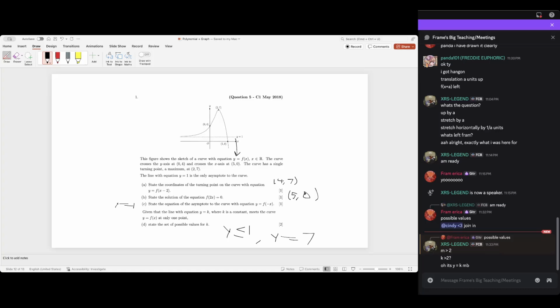Assume k is y, and here we meet at 1 point, and here is also 1 point. So this is the set. Yeah, got it. I misread the question.